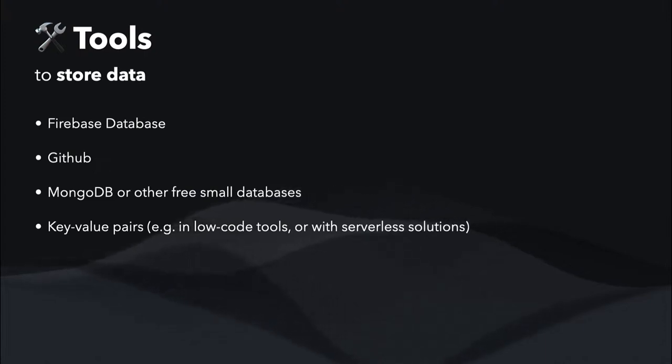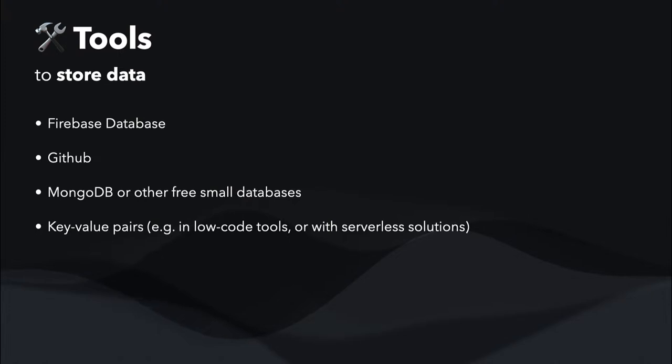use free solutions. So if you need tools to store data, as we discussed, you can use Firebase database, MongoDB, or other free databases available online, or just push something in a repo, like you have something in GitHub. Or, for example, there are some key value pair storages when you use serverless solutions, for example, when you run some lambdas or functions.